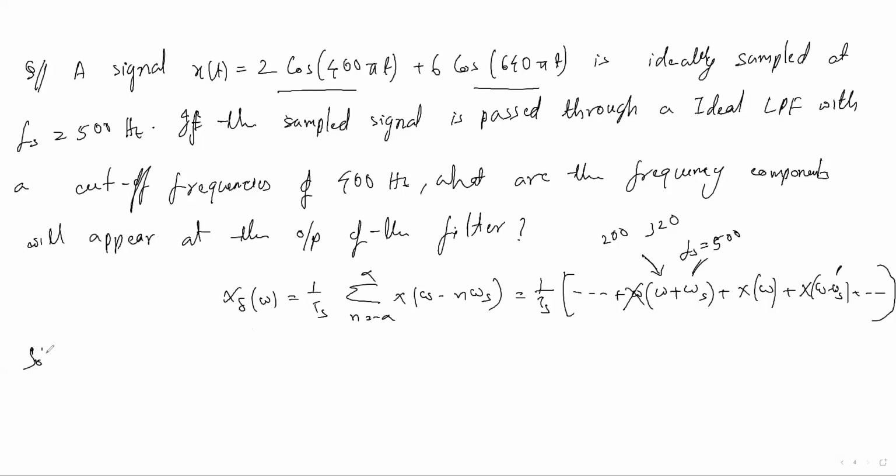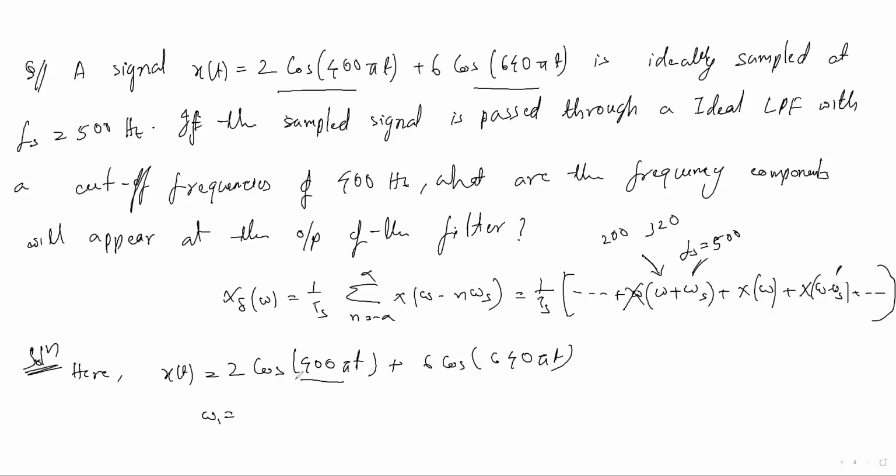Here the solution: x of t is twice cos 400 pi t plus 6 cos 640 pi t. If you take omega 1, it is 400 pi.